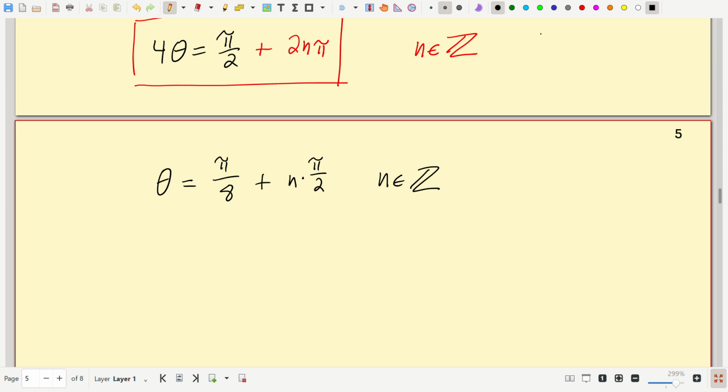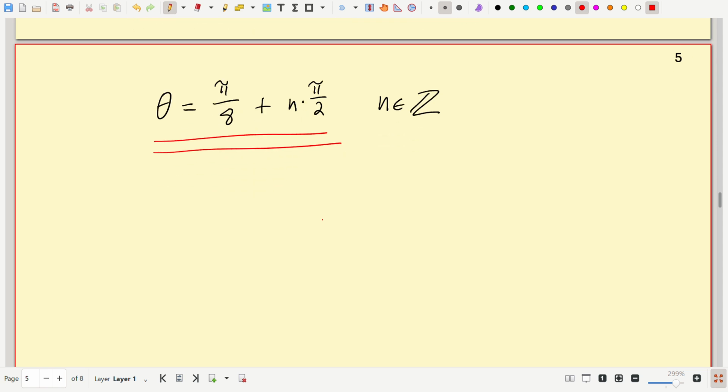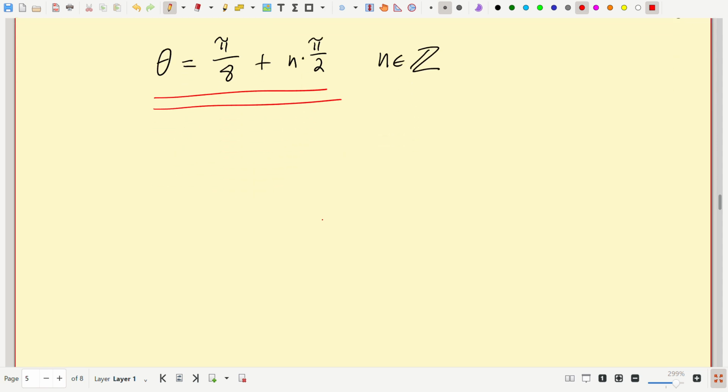Okay, so that's going to be the answer. Let's think about what that looks like. I would have, let's see if I can draw this nicely.